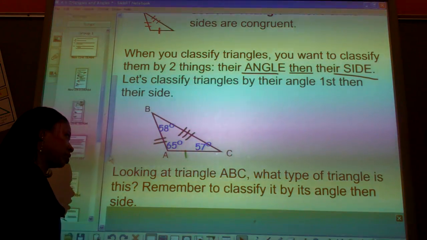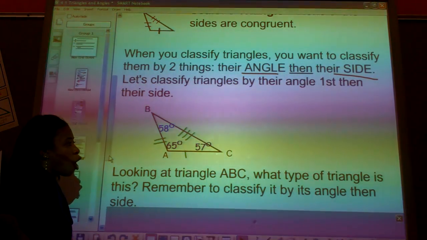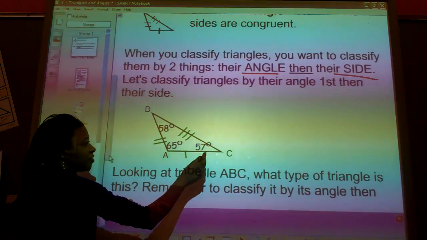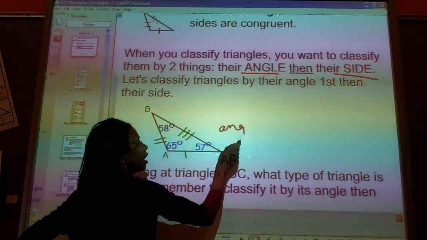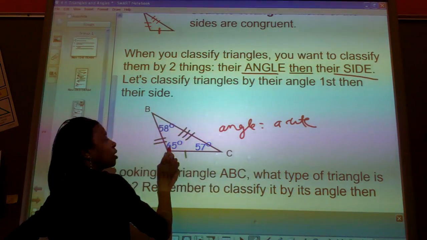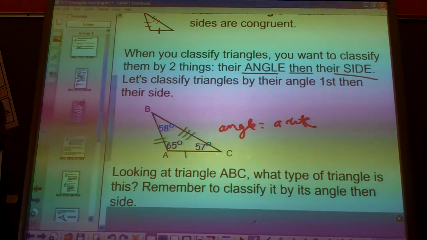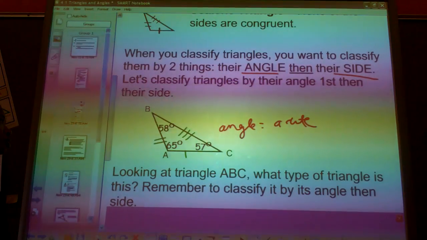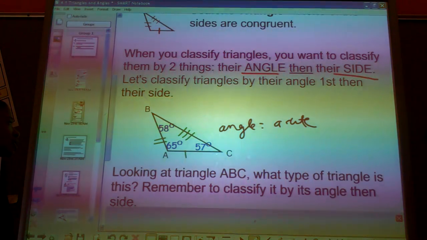If I look at the 3 interior angles, I notice that they're small, which means it's acute. I'm classifying it by angle first, and if I do angle first, this is acute. I know it's acute because the 3 interior angles are less than 90 degrees.